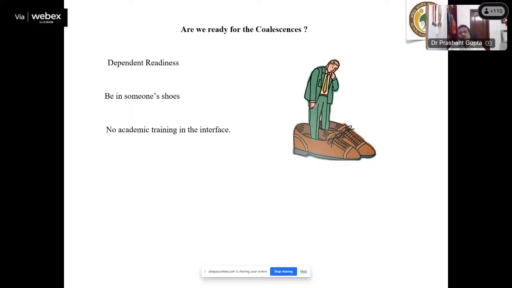No academic training in the interface. Till 2021, there was no official academic training for Ayurveda and informatics. Then we developed a course of 7 days, and I'm happy to inform you all that we have trained at least 120 Ayush researchers over this interface through three in silico trainings, which we did in our lab.